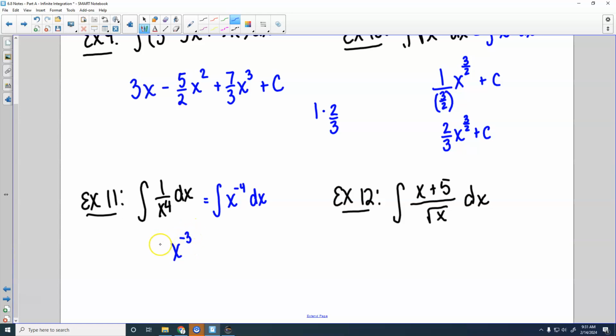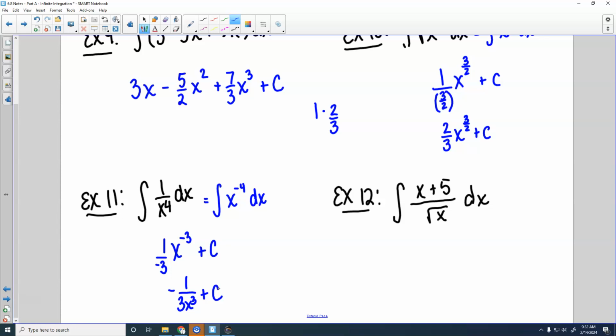That'll give us -3. What will we get out front? What number do we have out here? We had a 1. We've got to divide it by the new exponent, so that's a -1/3. Then we'll put a plus c. Now, we probably will do this where we do -1 over, and then we'll put 3x to the 3rd back down there on the bottom. So if you got a fraction, you need to make it a negative exponent first.